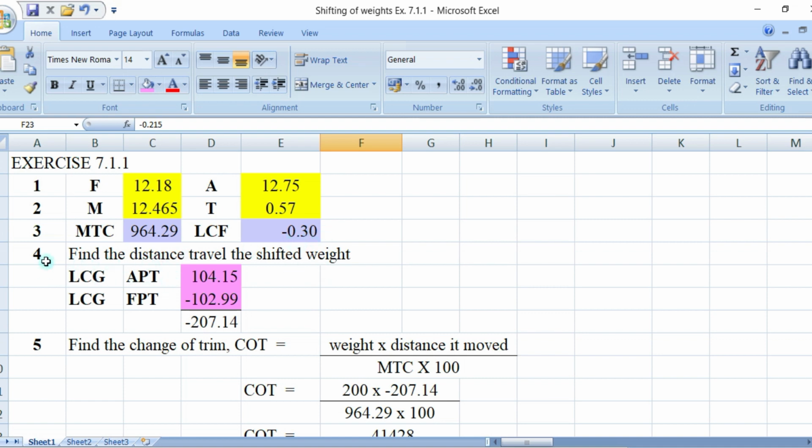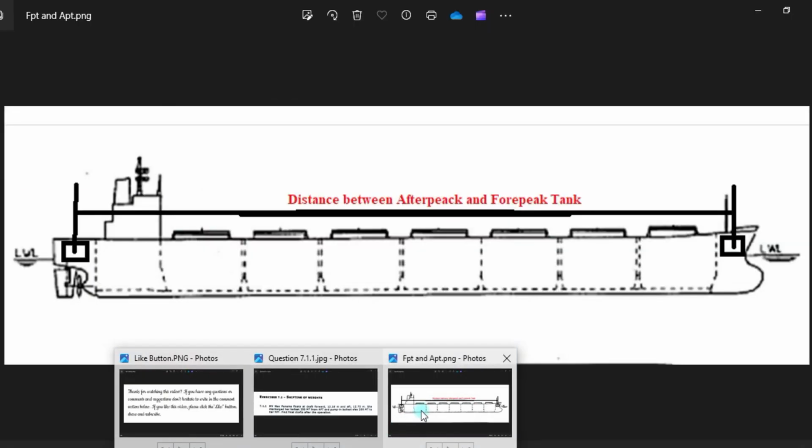So after getting this initial figure of MTC and LCF, you find the distance traveled, the shifted weight. So you get the total distance from LCG of Afterpeak tank and LCG of Forepeak tank. This is in the figure.